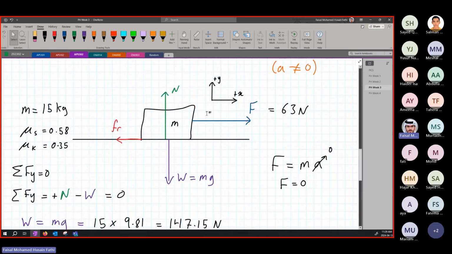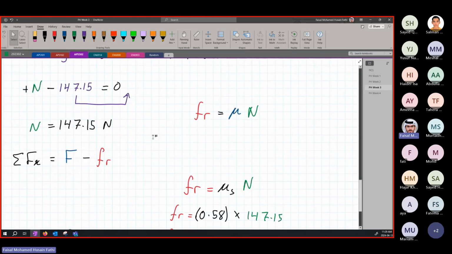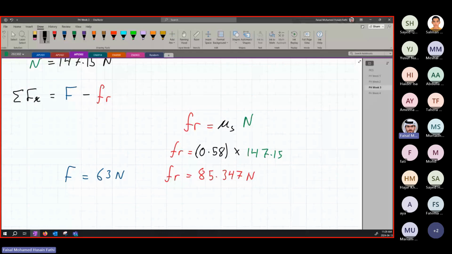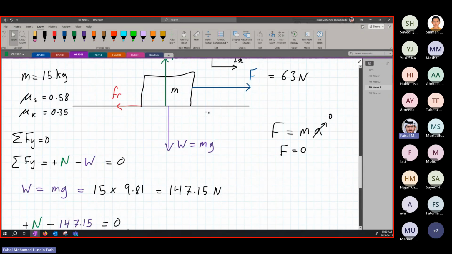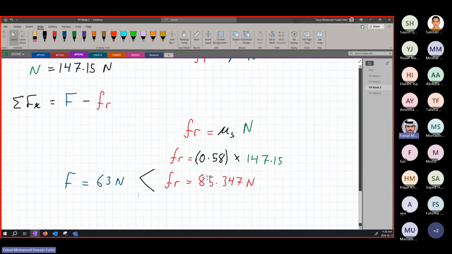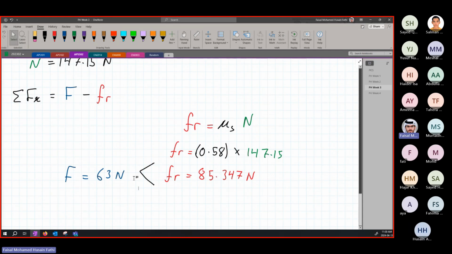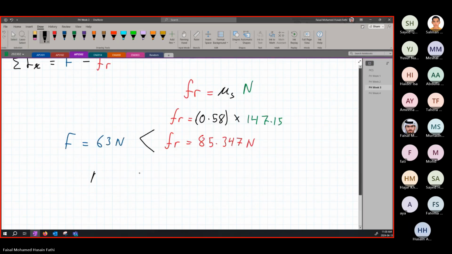So basically, this force is smaller than this friction force opposing the object. In other words, friction here is larger than the force. Meaning there isn't enough force for this object to start moving, to overcome the static friction. So there is no motion.